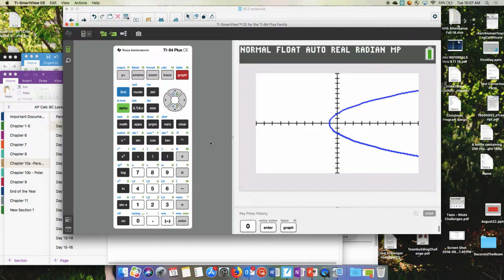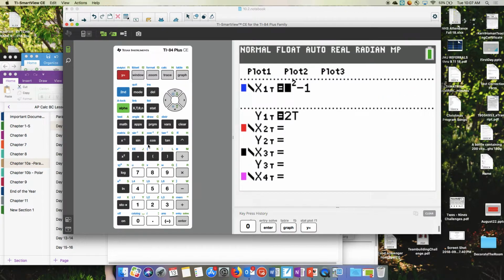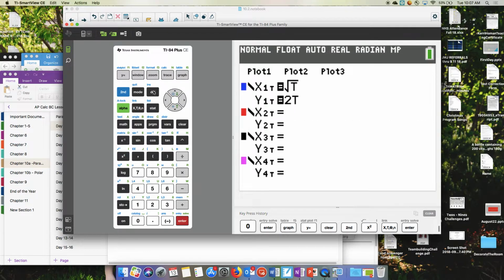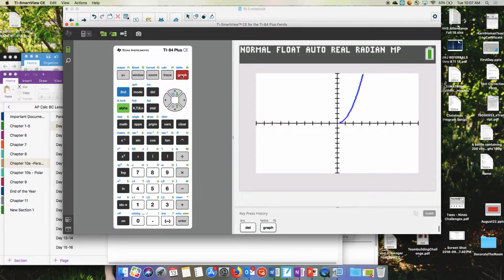Now I want you to pay attention to when you actually graph it. This thing graphs really quickly. But when you graph it, like square root of t and t, it will graph it in the order that the arrows should go. Does that make sense?